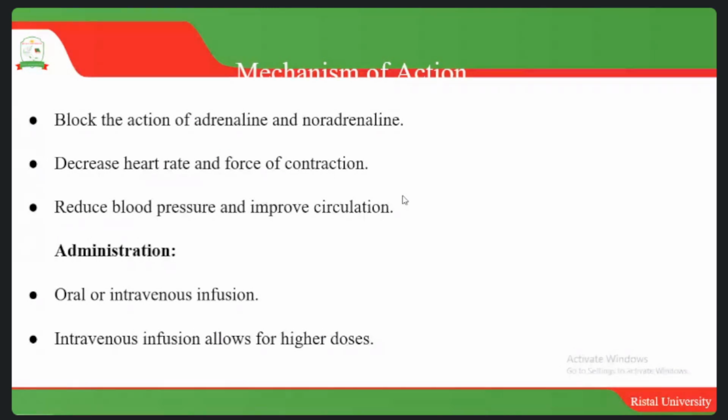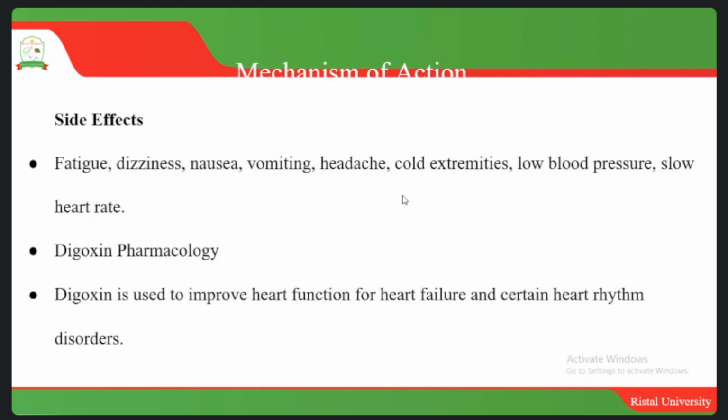For administration, we give them orally or by intravenous infusion, and intravenous infusion allows for higher doses. So you can do this in relation to the type of drug that you're going to administer, and also the state of your patient will dictate which one you're going to give, either oral or intravenous.